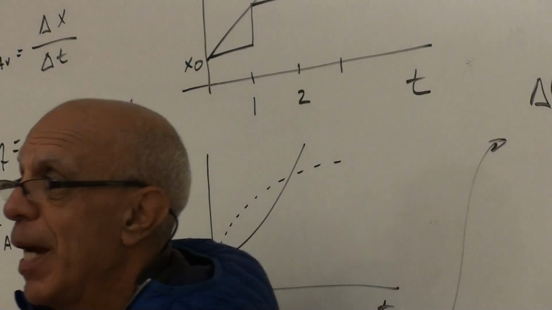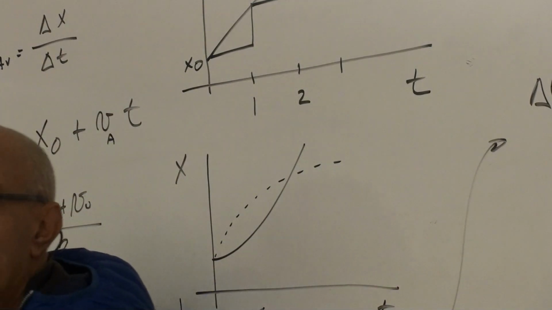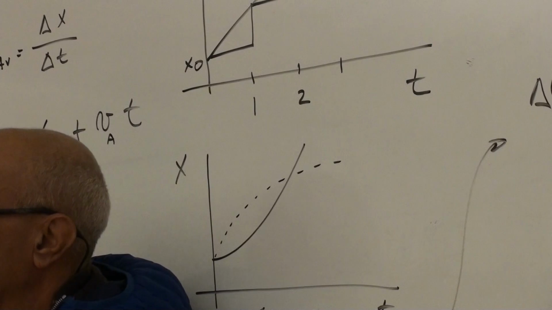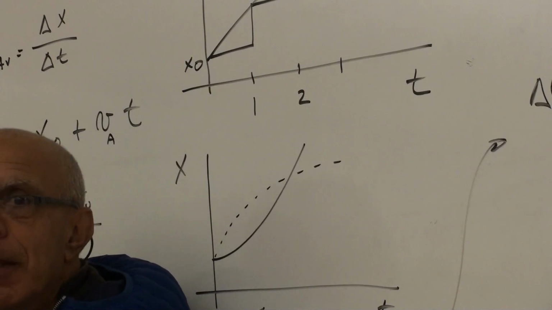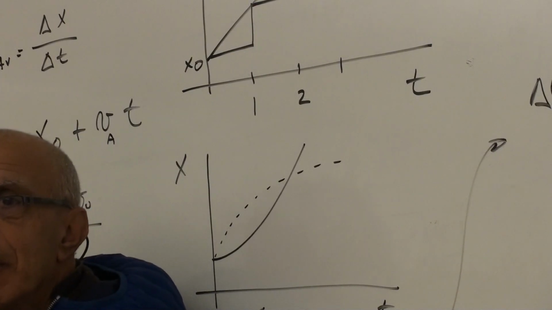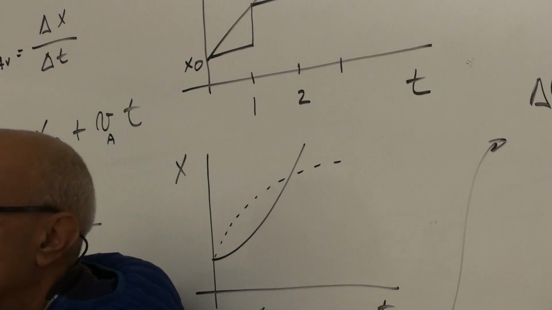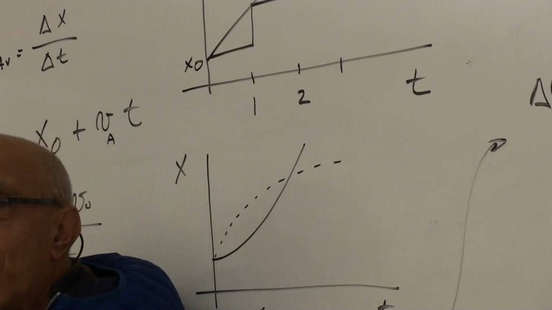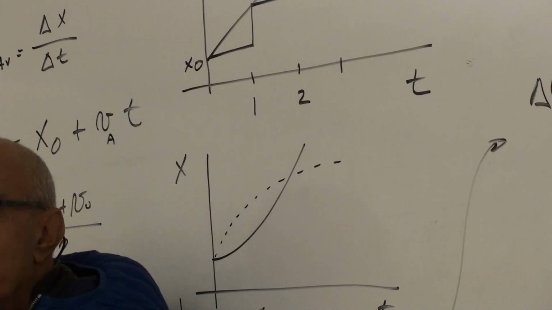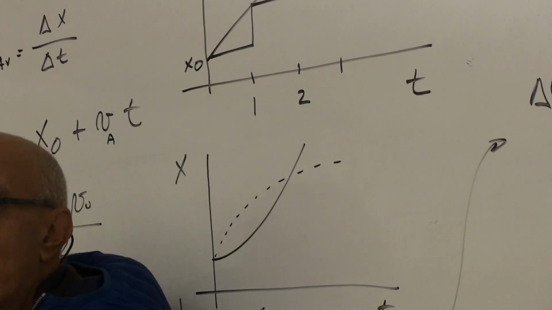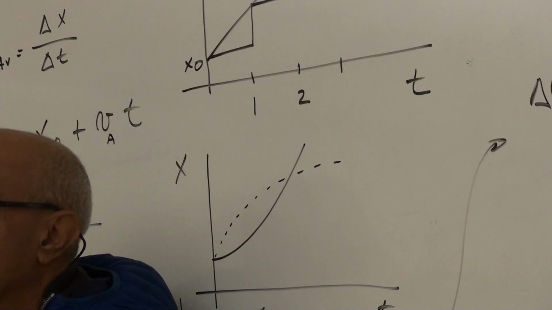So that is the second law. Is that clear? What about the third law? Every action has an equal and opposite reaction. The action and reaction, right? So those are the three laws.